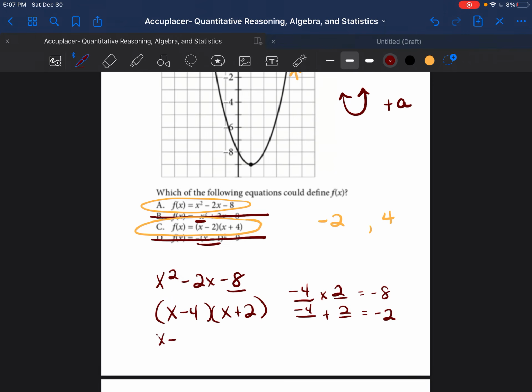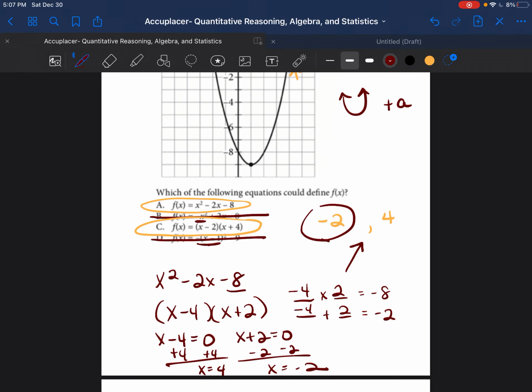And then we have to set these both equal to 0. We add 4 to both sides: x is equal to 4. Subtract 2 from both sides: x is equal to -2. So does that match this? Yes, one is -2 and one is 4. So this first equation satisfies it.